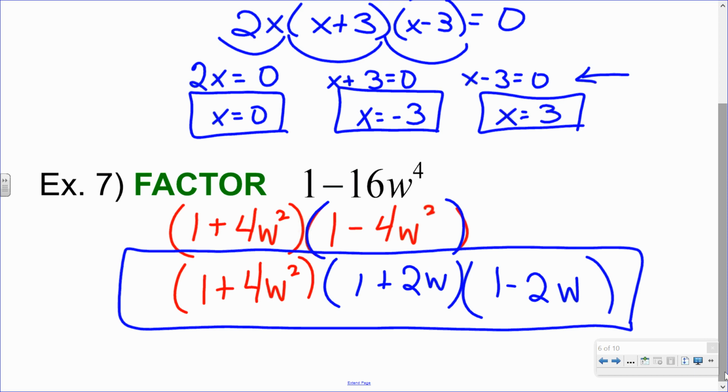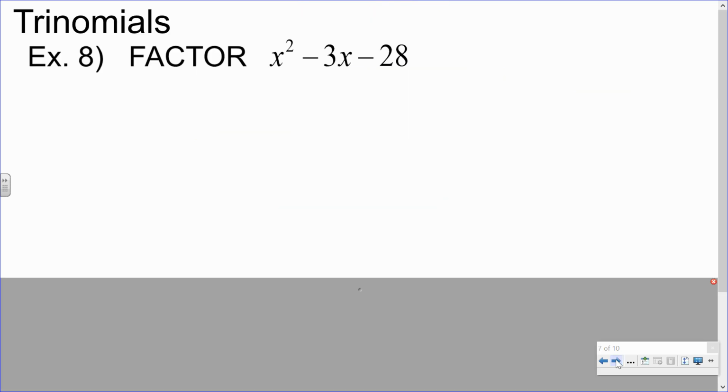Let's shift to, instead of 2 terms, binomials. What if we have 3 terms? First, one of the easier trinomials, because this one is 1x squared. 1 times x squared plus something times x plus something else. Surely somebody remembers how to factor this one.